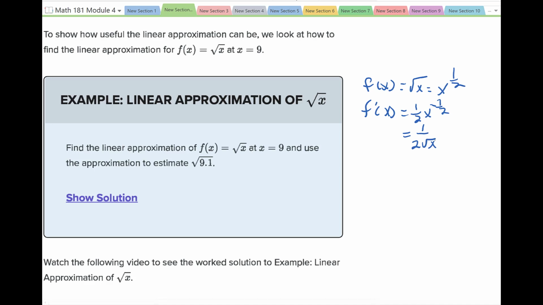So given that we want the square root of 9.1, our L of x, what we're saying is like L of 9.1.